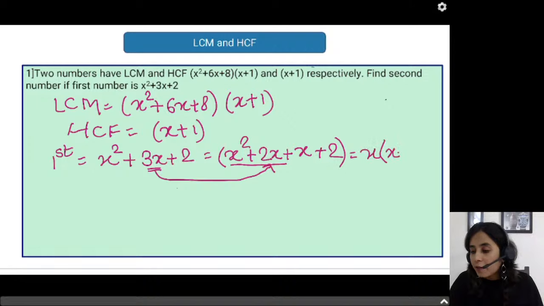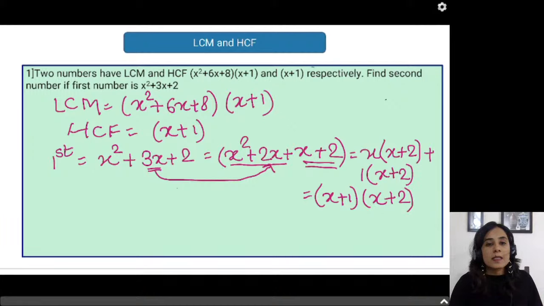So I am left out with x plus 2. And from these two terms, I am taking 1 common. So I have x plus 2. So what I get is x plus 1 into x plus 2. Now this is my first number, x plus 1 into x plus 2.